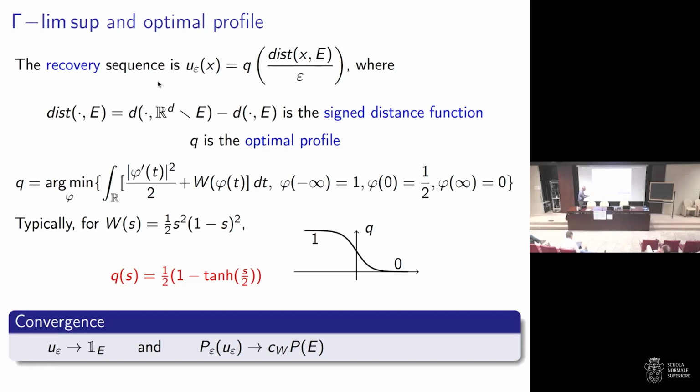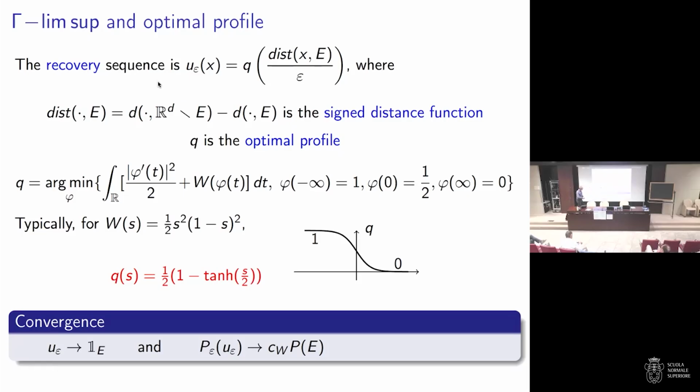So of course, as epsilon is closer and closer to 0, this approximation will be sharper and sharper and closer to the characteristic function of U. But the approximation that you use here is very optimal in terms of energy. And so typically for this double well potential I mentioned before, I did not define it before, but this is the classical definition of the potential that you use for the Cahn-Hilliard energy.